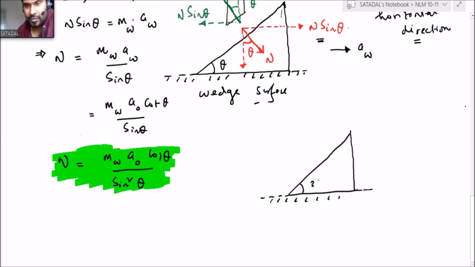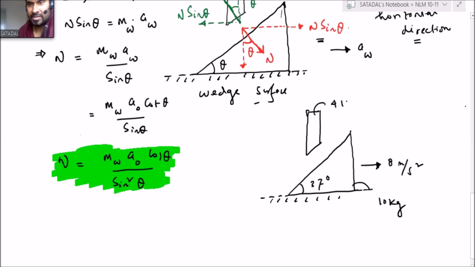This angle is given to be 37 degrees. This is moving with 8 meter per second square because a rod is hitting it. So the wedge mass is given to be 10 kg.